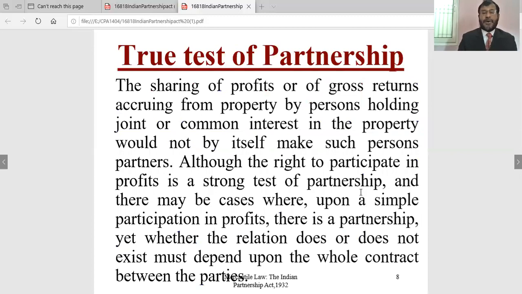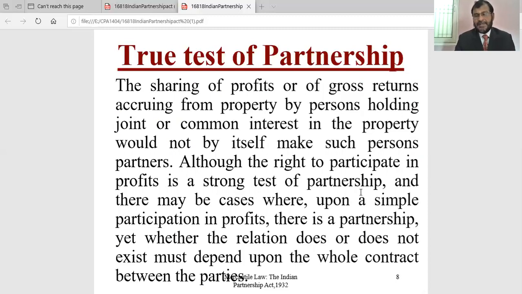The sharing of profit or loss, or returns from the property of any person holding joint or common interest in the property, would not by itself make such person a partner. Although the right to participate in the profit is a strong test of partnership, and there may be cases where upon a simple participation in profits there is a partnership, yet whether the relationship does or does not exist must depend on the whole contract between the parties.